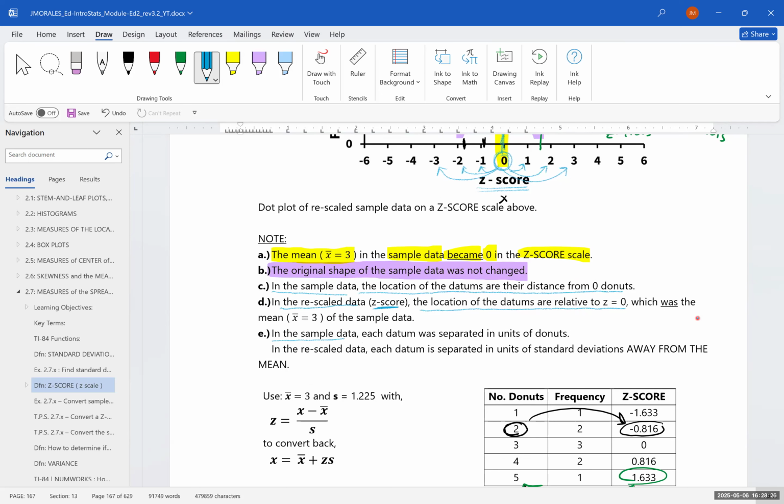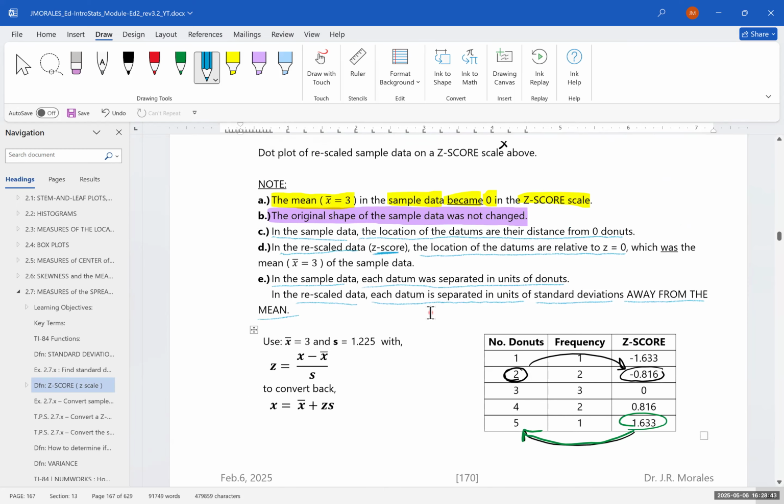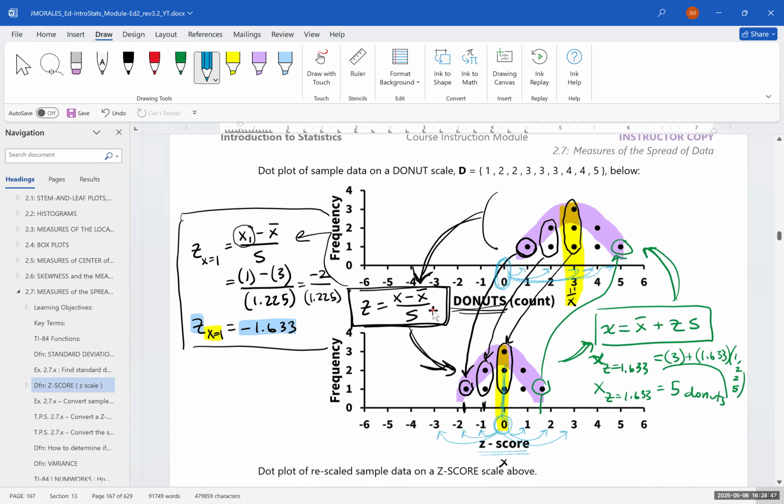In the sample data, each datum was separated in units of donuts. In the rescaled data, each datum is separated in units of standard deviations away from the mean. So I think that's about all that I want to explain on this example.